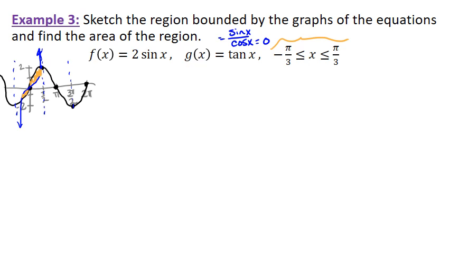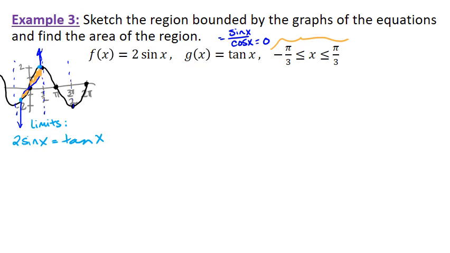So if I set f of x equal to g of x, or 2 sine of x is equal to tangent of x, I will be able to identify where the intersections are, and that is going to be my limits of integration. So that's what I'm going to do here, find my limits of integration by setting the two functions equal to one another.